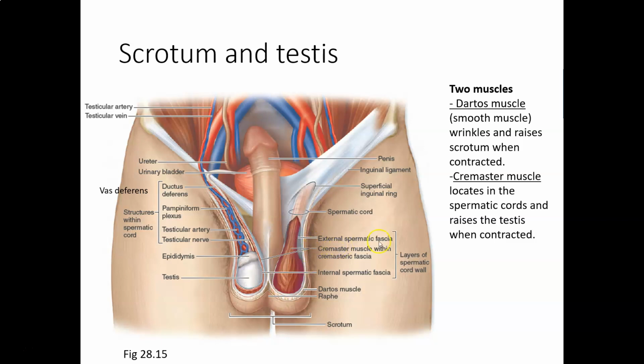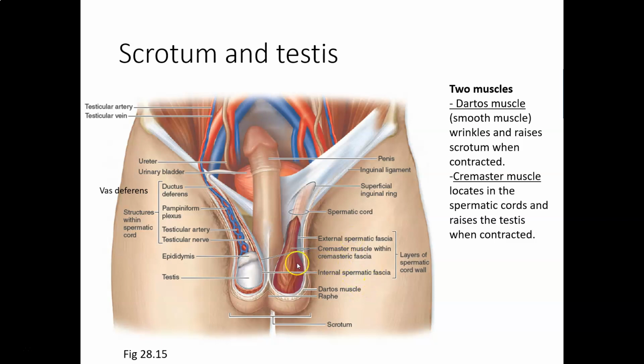So what's in those layers of the spermatic cord wall? You have the external spermatic fascia, right? That's a connective tissue, and then you also have the internal spermatic fascia.